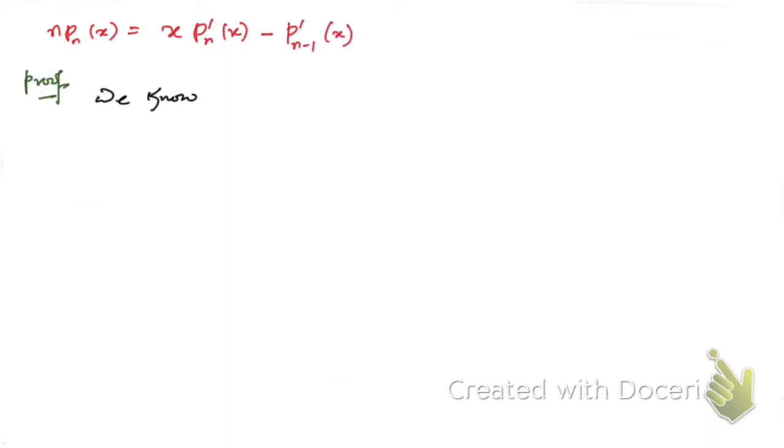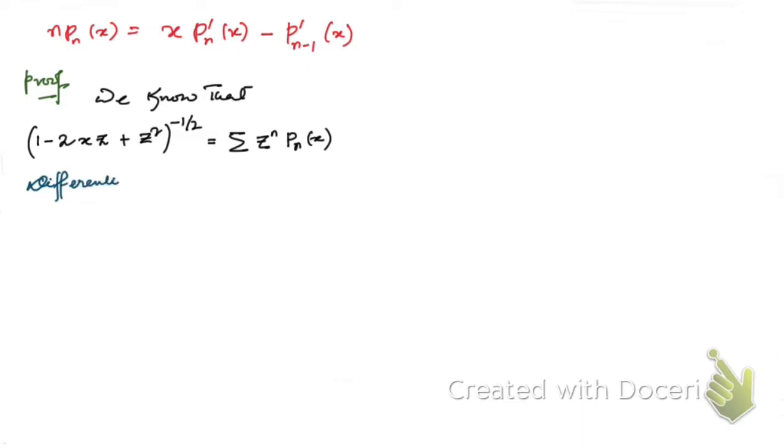Here we know that (1 minus 2xz plus z squared) to the power minus half is equal to the summation of z to the power n Pn of x. We know this relation. If you differentiate this with respect to z, you will get this result.